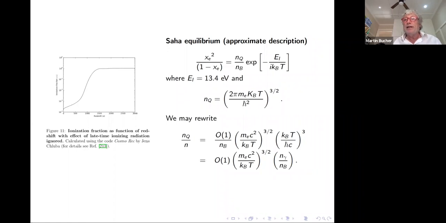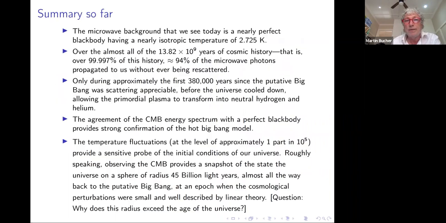Here the assumption is that everything is in thermal equilibrium, and that is not completely true. So you need to do these sort of rate equation codes, and it's a bit of a mess. So that's to get things at the percent level. There are lots of things like this.